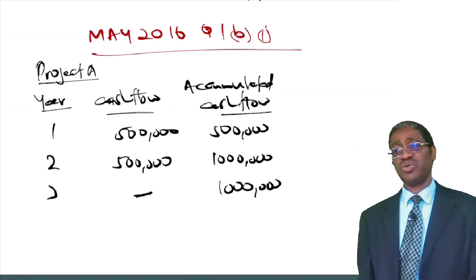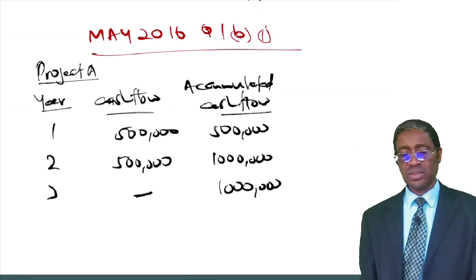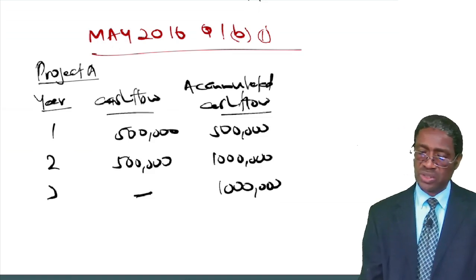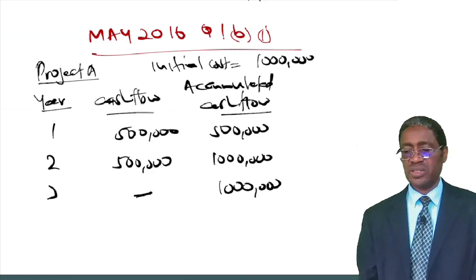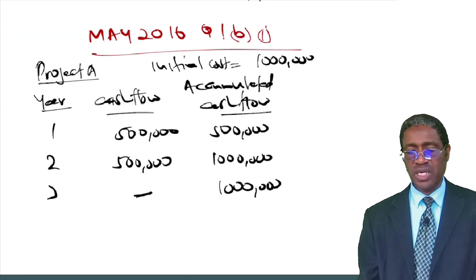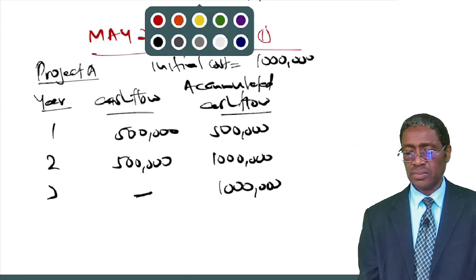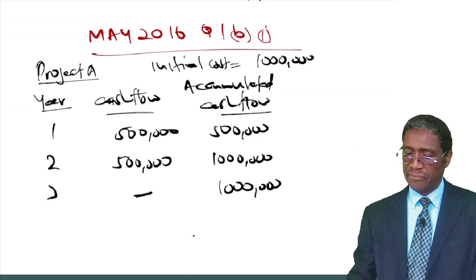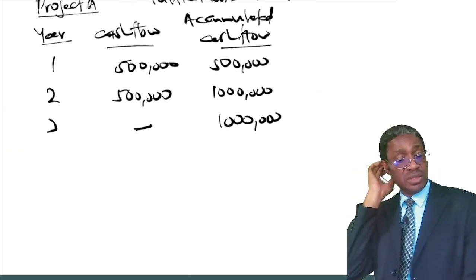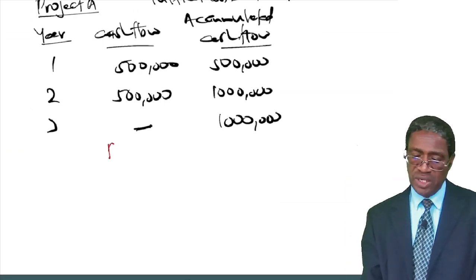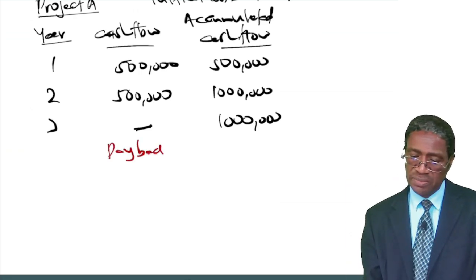Our initial investment cost was $1 million. You can even quote it here: initial cost is 1 million. So it's obvious the payback period here will be what? Payback period is obviously 2 years.